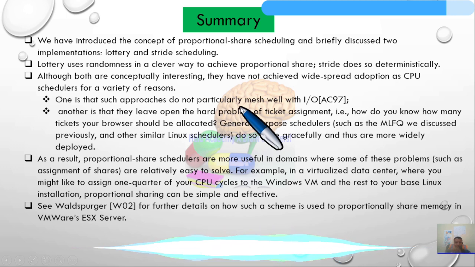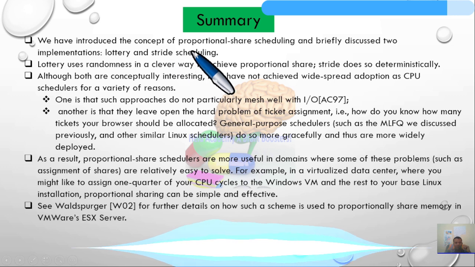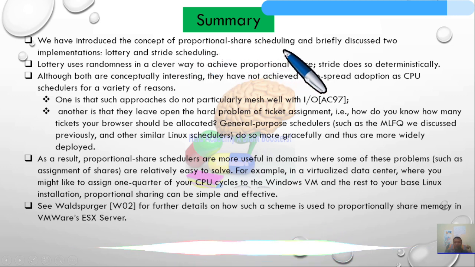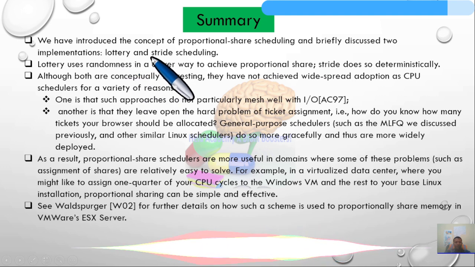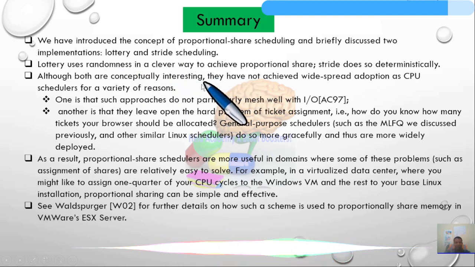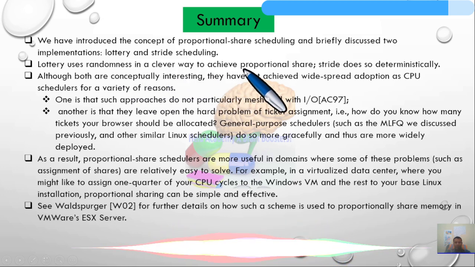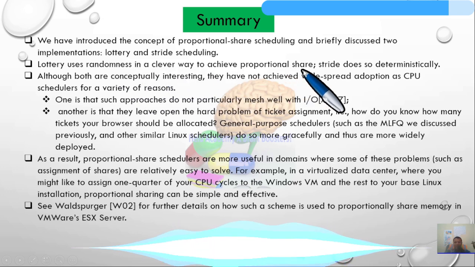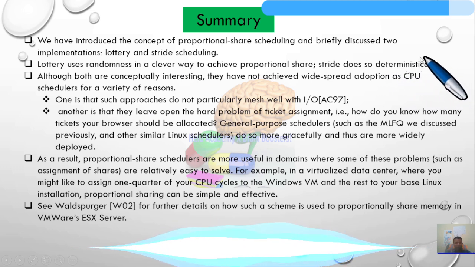So in summary, we have introduced the concept of proportional share scheduling and briefly discussed two implementations, the lottery and the stride scheduling. Lottery uses randomness in a clever way to achieve proportional share. Stride does so deterministically, as we have seen.